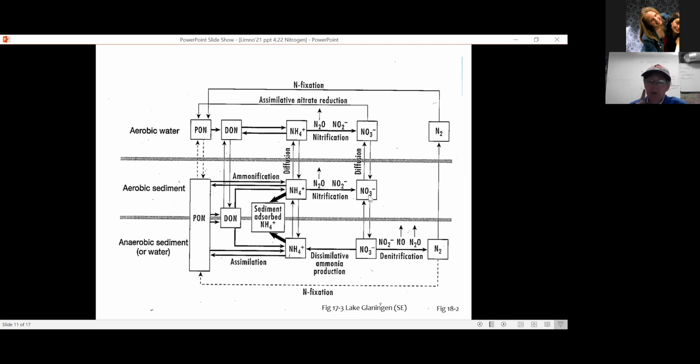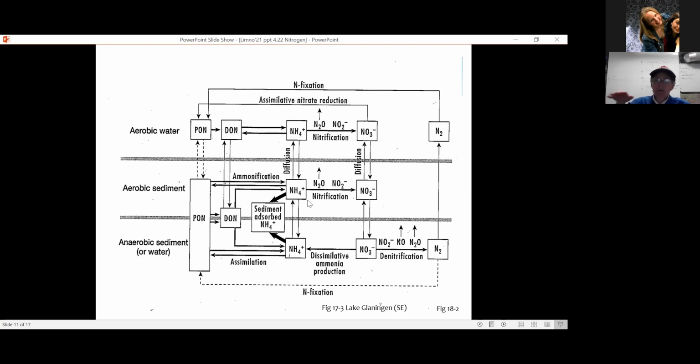But also, because it is sediment, and we're talking about water in among the solid particles of the sediment, we could talk about it diffusing up into the movable water, or diffusing down.